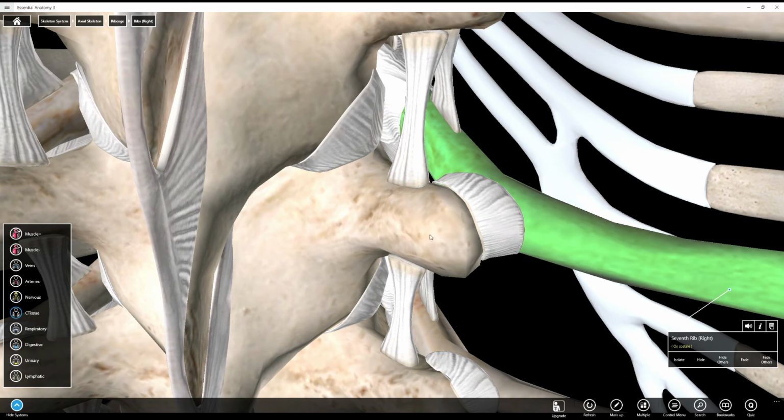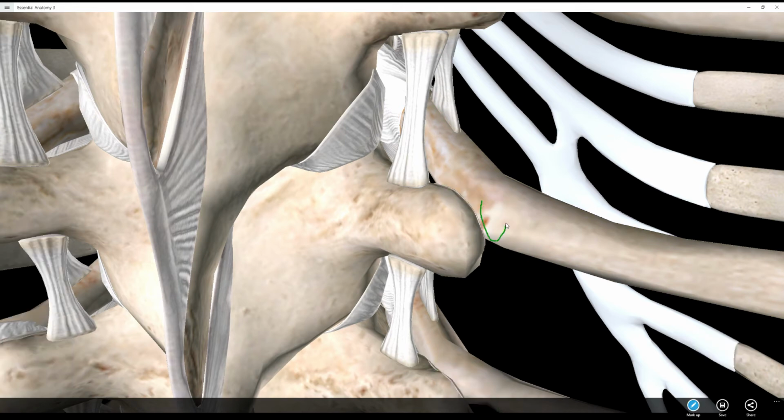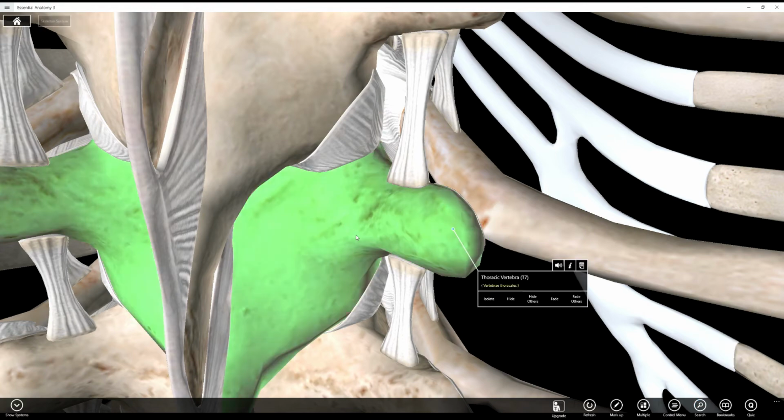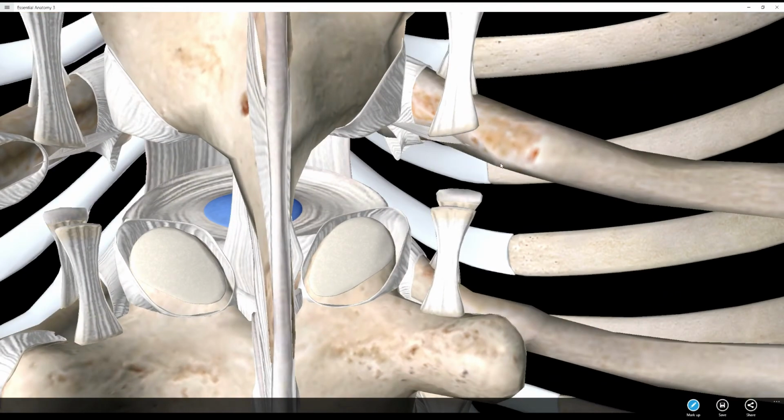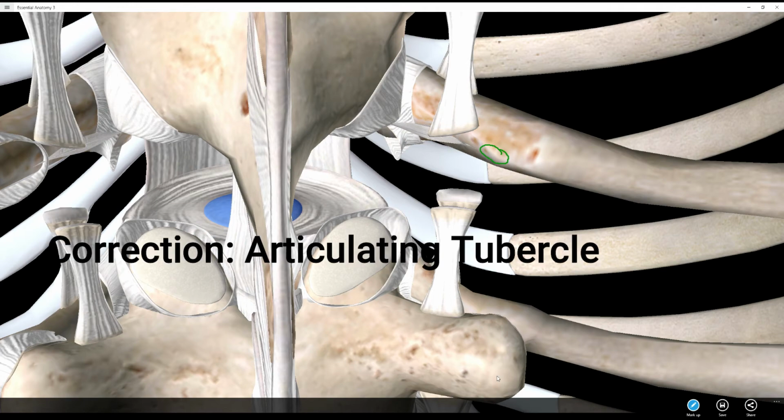So the costotransverse facet is where the articulating tubercle articulates, and then the non-articulating tubercle attaches to this ligament. The non-articulating tubercle is right here, and it'd be rougher on a real bone. And if we hide this, this area right here, where it was attached, would be the non-articulating tubercle.